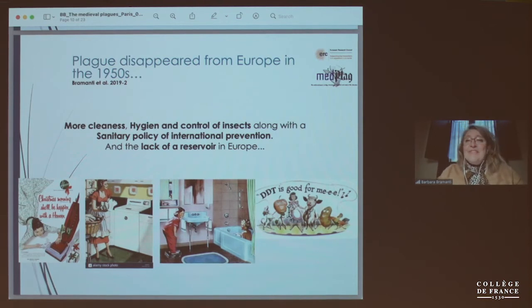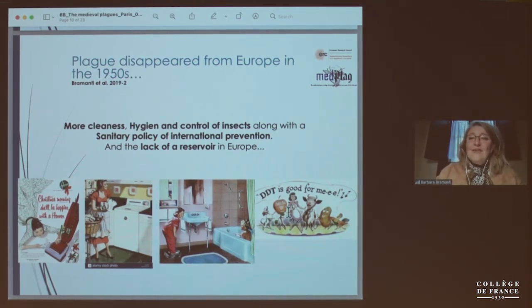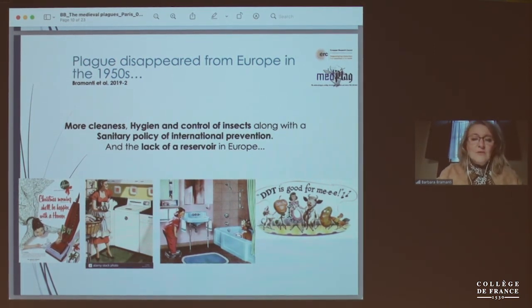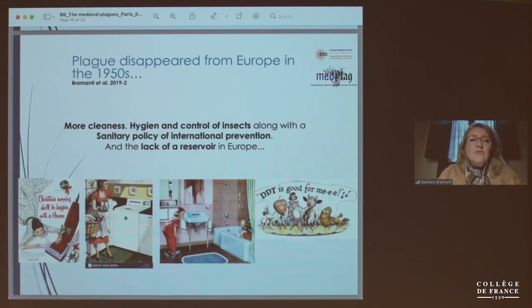Well, consider that the last cases of a plague in Europe were in 1945, at the end of the Second World War. And from the 50s, we had no more cases, just a couple of cases imported from outside, but no more really heavy situation. And this is a period which is also concomitant with the control of the insects.